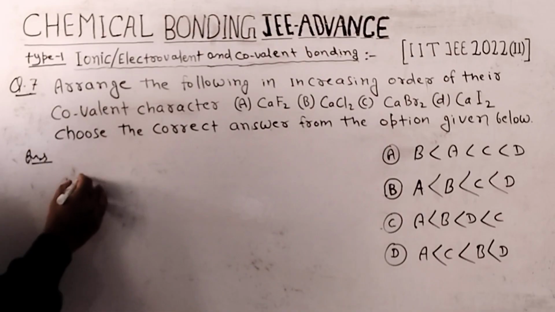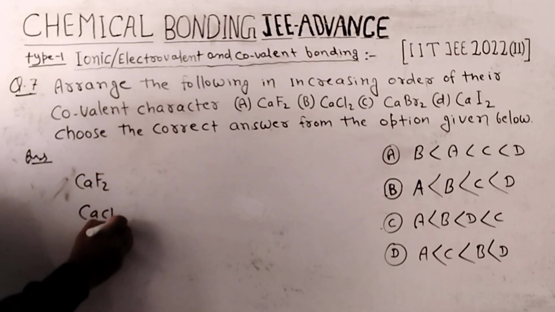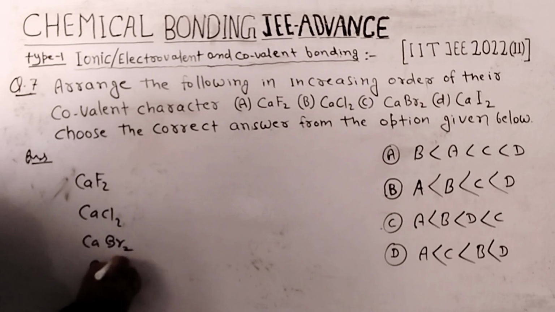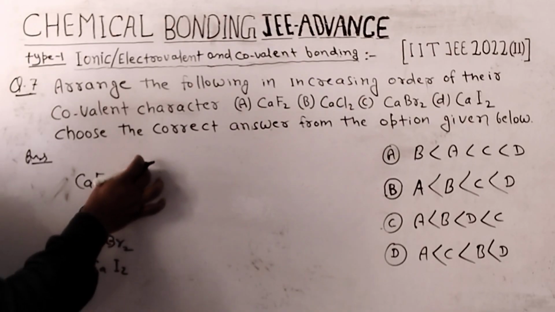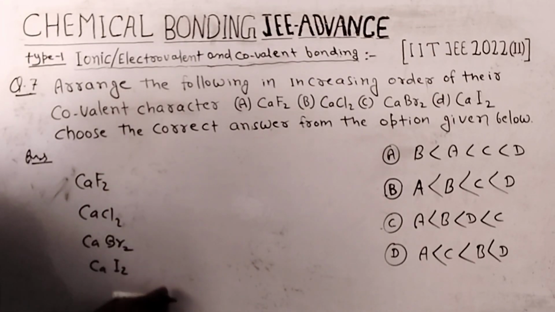First, calcium difluoride. Second, calcium dichloride, calcium dibromide, calcium diiodide. In these halides, metal calcium is common, but from top to bottom the size of the halides increases.